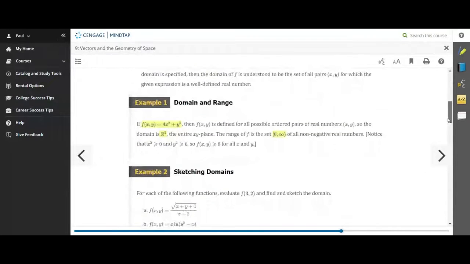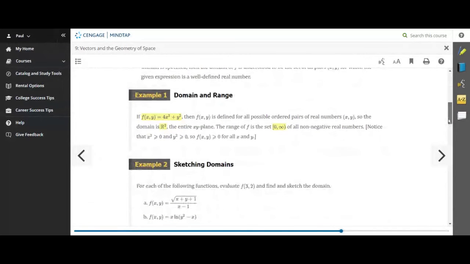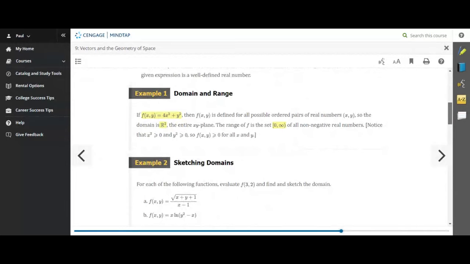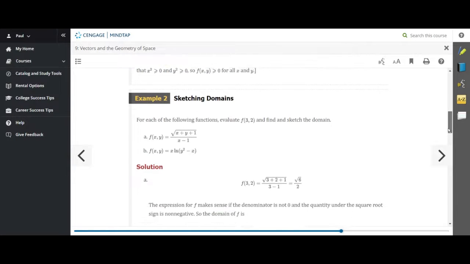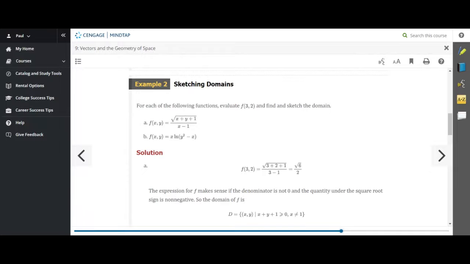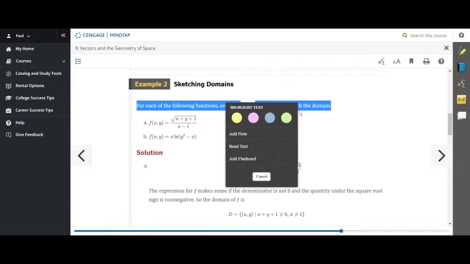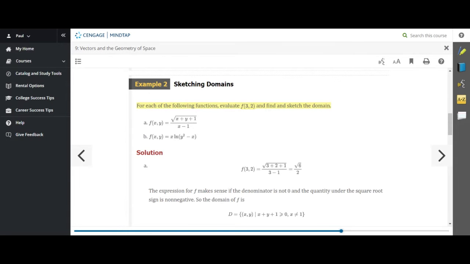And for functions of two variables, we can talk about, for instance, domains and ranges. So like in example 2 here, they say for each of the following functions, evaluate the function when x is 3 and y is 2, and find and sketch the domain.